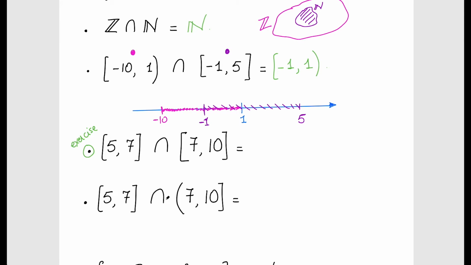To be in the intersection, it has to be in both. If it's not in one, it cannot be in the intersection, correct? So since 7 is not here, it cannot be in the intersection anymore. So what's the intersection then? There's nothing in the intersection. So the intersection is actually empty. So this is the empty set.